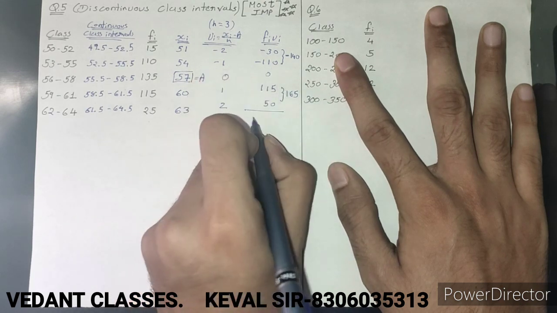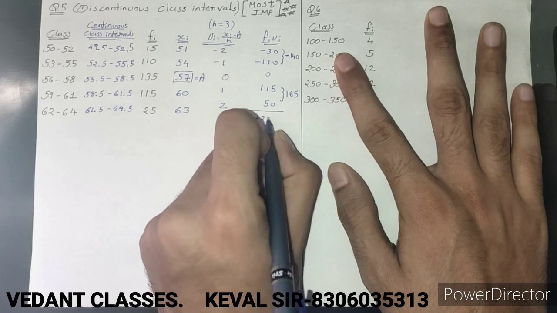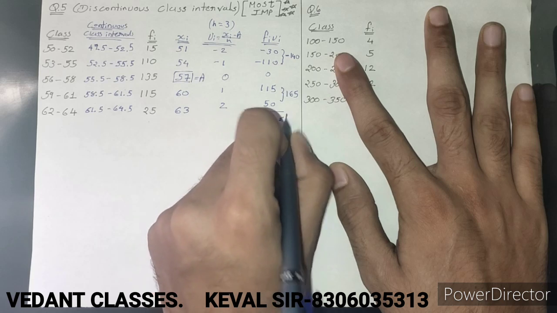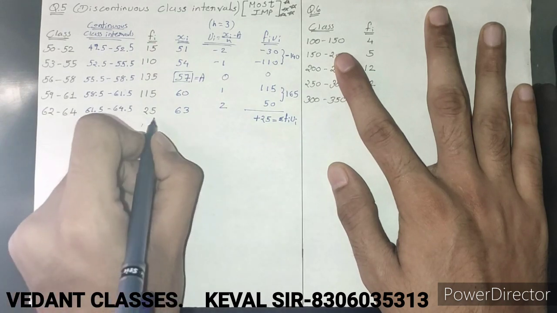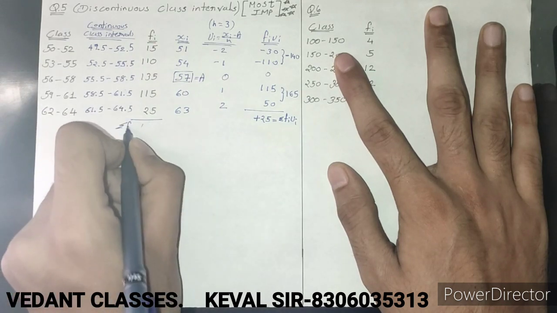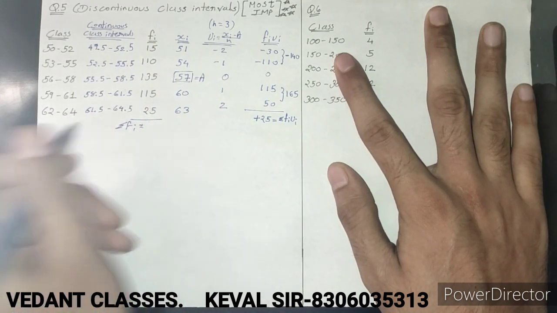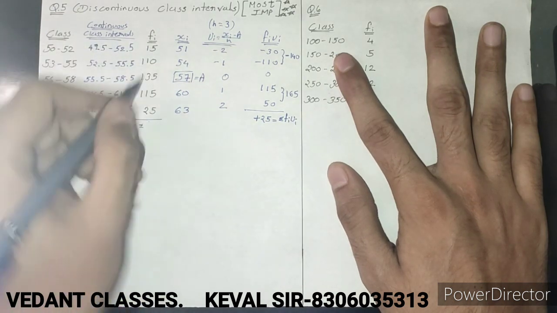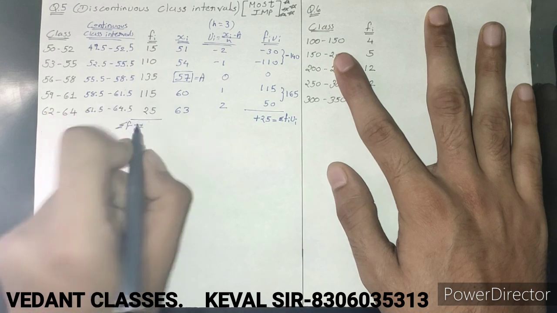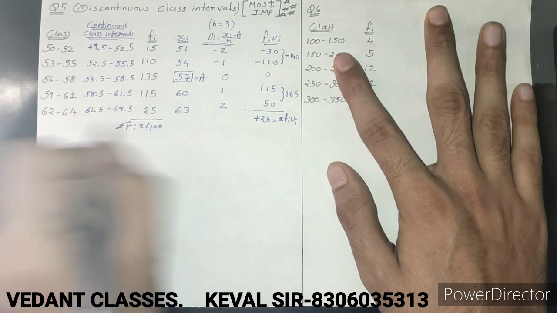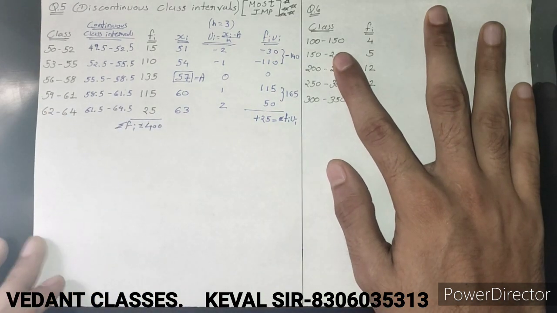So overall value of sigma fi ui will be plus 25. This is the overall value for the sigma fi ui. Now let's calculate the value of sigma fi. Sigma fi is 400. Okay, so we have calculated all the values.